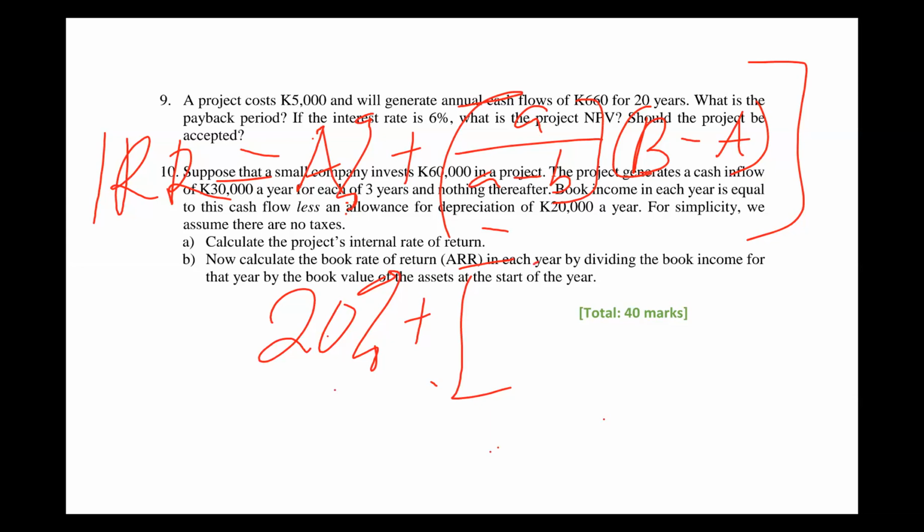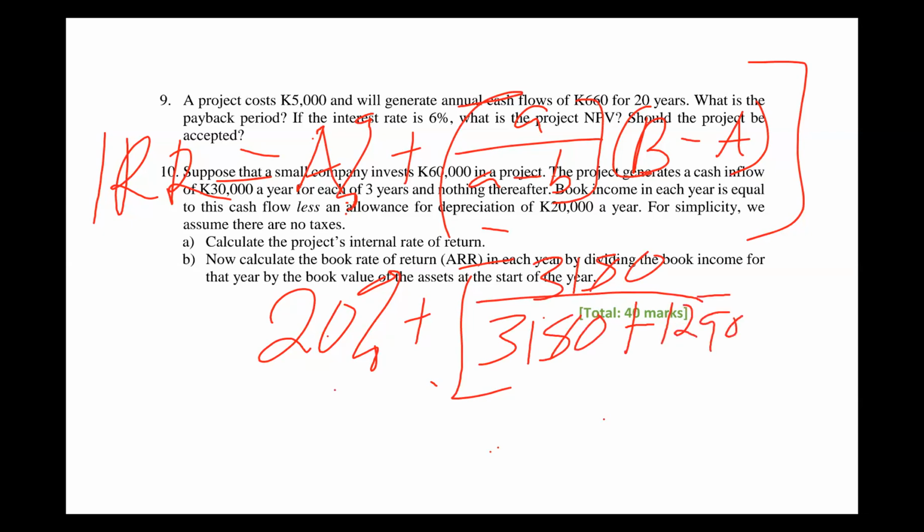And the amount you found is 3,180 divided by 3,180, then plus 1,290, was it something like this?